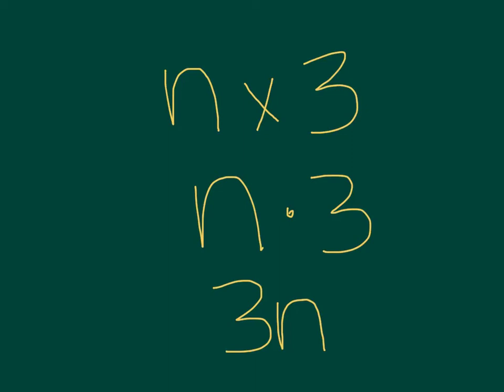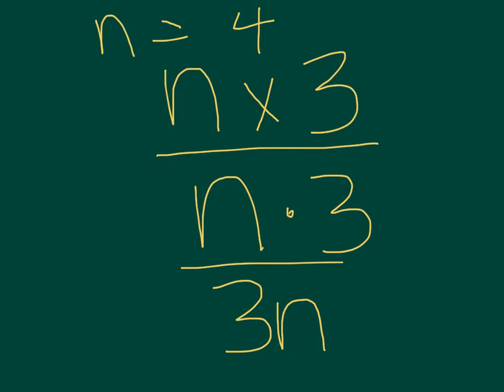So if you think about it, let's say if n equals 4, I could do 4 times 3, 12. This means 4 times 3 as well. And again, that's 12. And if I have 3 4s, don't I also have 12?